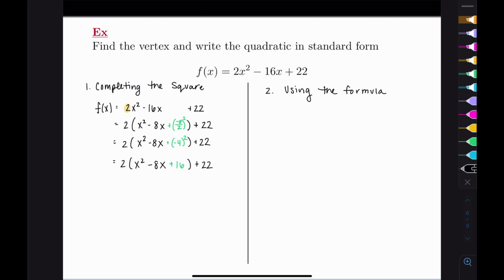But again, I can't just add 16 on the inside. It changes it. I've got to figure out, what do I do to balance it? So at this stage, if we distributed this 2, this would be 2x squared minus 16x plus 32 minus 22. So what I've really done is I've added 32 to my equation arbitrarily.